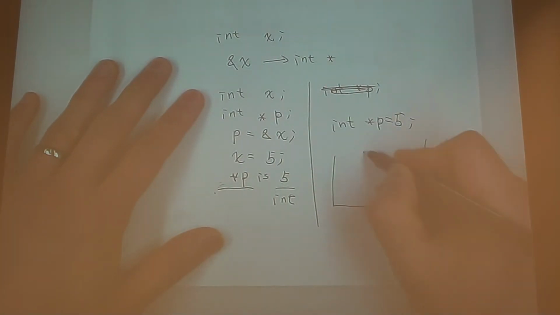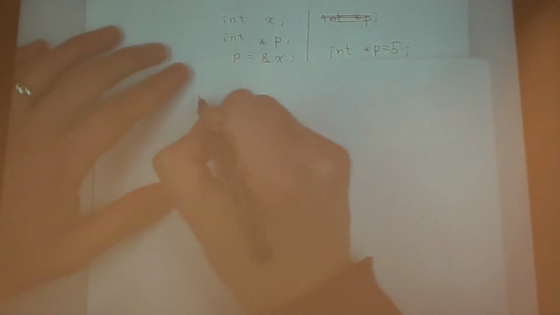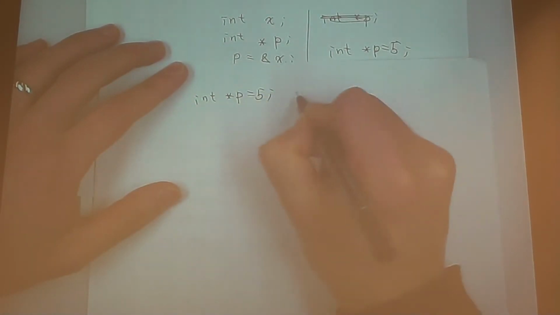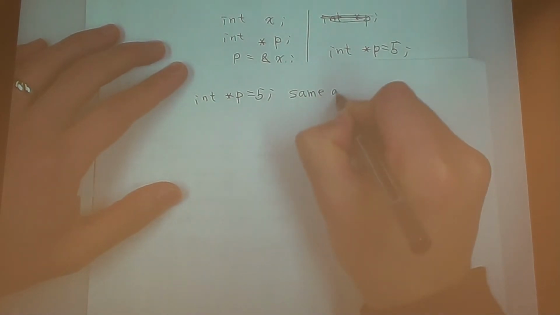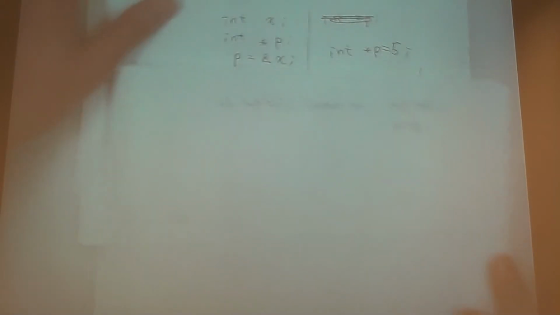Okay, let's take this into 2 steps. Integer star p equal to 5 is the same as integer star p and then p equal to 5. That's what it means.